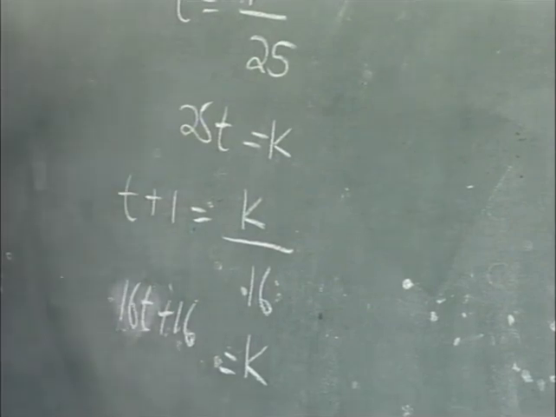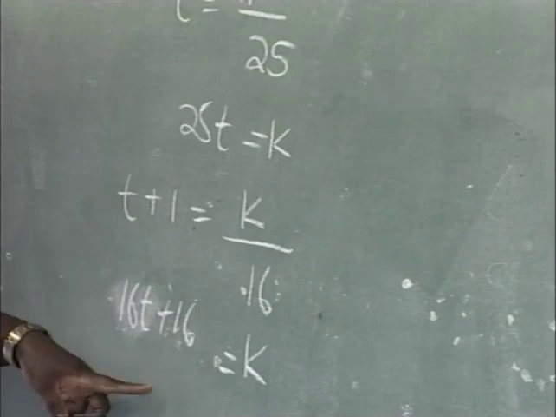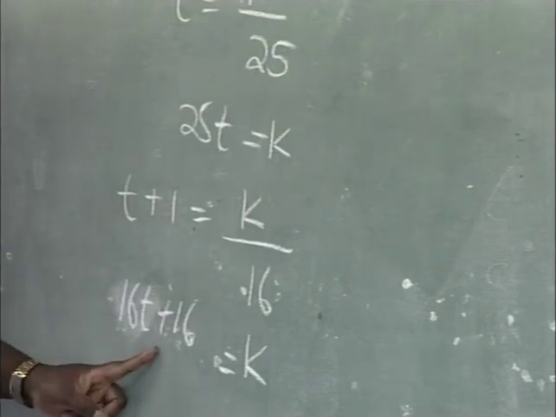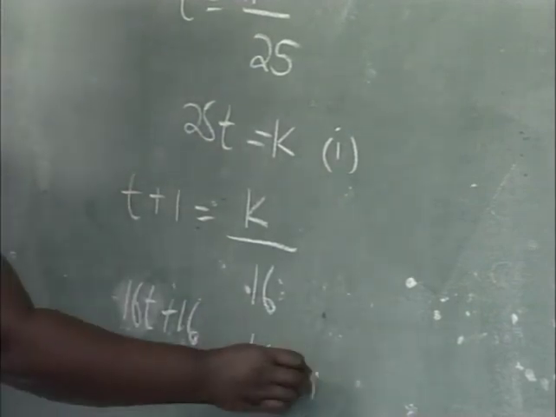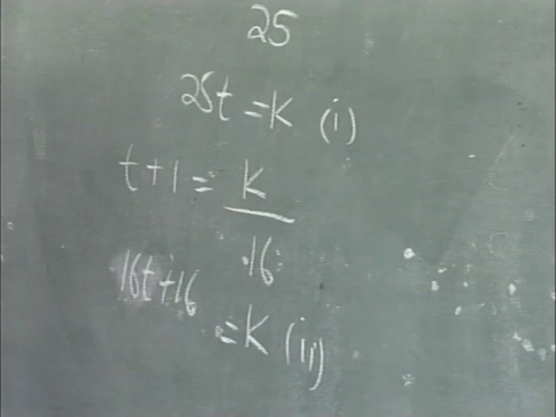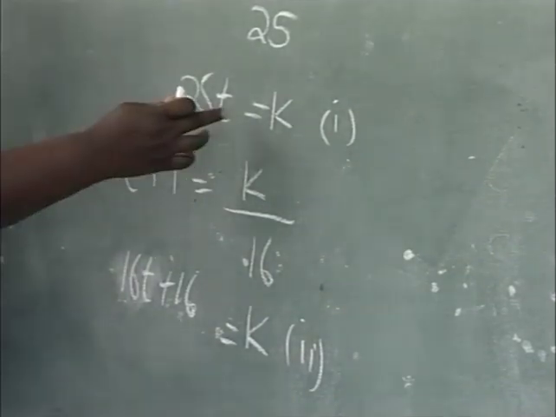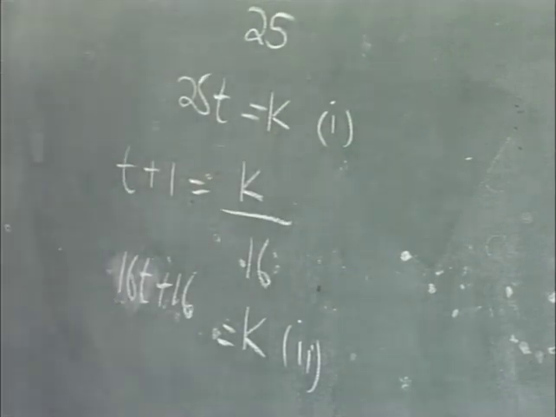That is multiplying 16 on both sides of the equation, and we get 16 times T plus 1 is 16T plus 16. Now this equation says K is equal to 25T, and this one says K is equal to 16T plus 16. If 25T is equal to K and 16T plus 16 is equal to K, then both of them are the same.